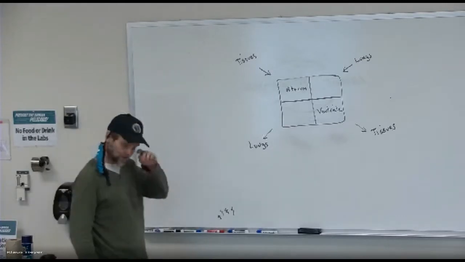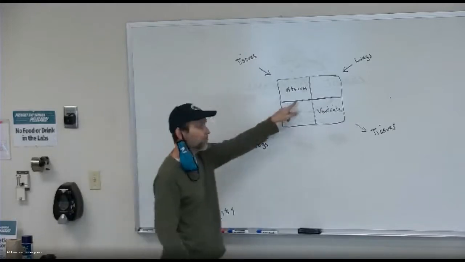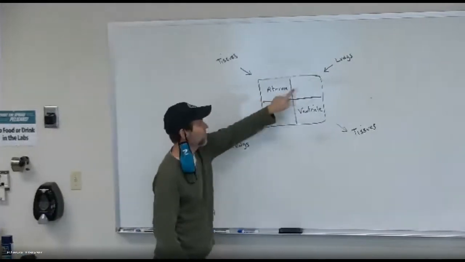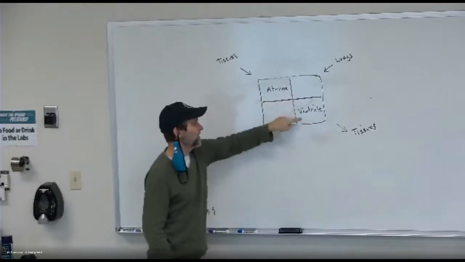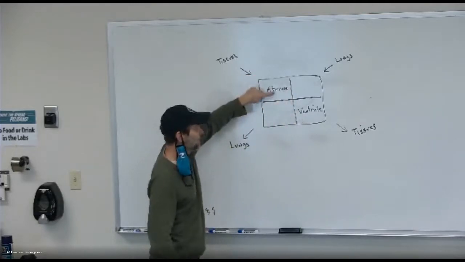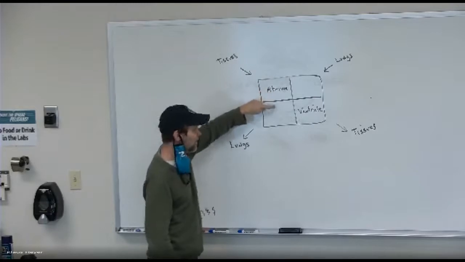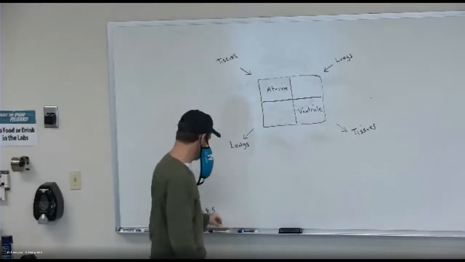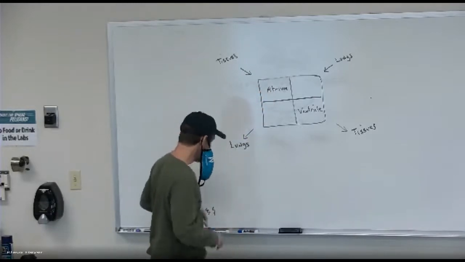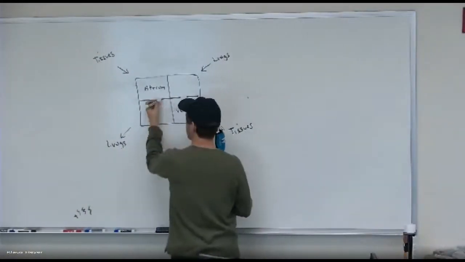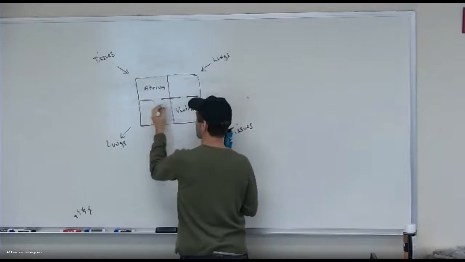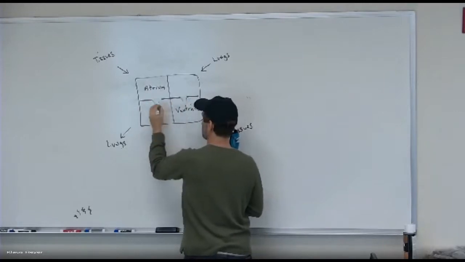In between, when you leave a room, you go through a door. So we have 4 rooms here, 4 chambers, 2 atria, 2 ventricles. So when the blood leaves an atrium, it goes through a valve. And so you've got a valve in between each atrium and each ventricle.